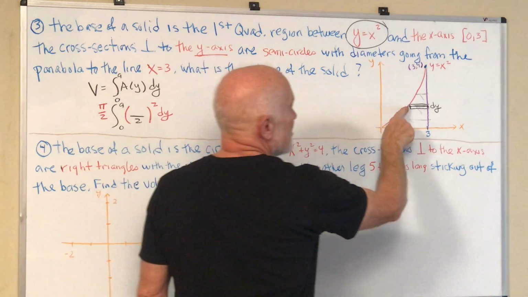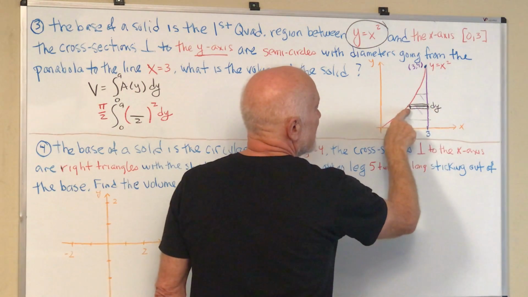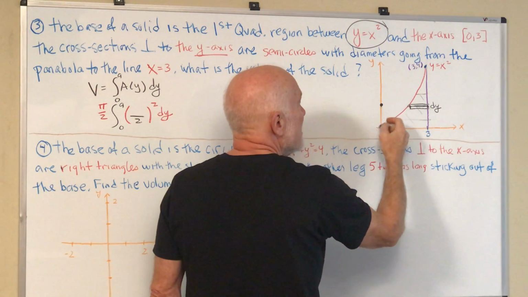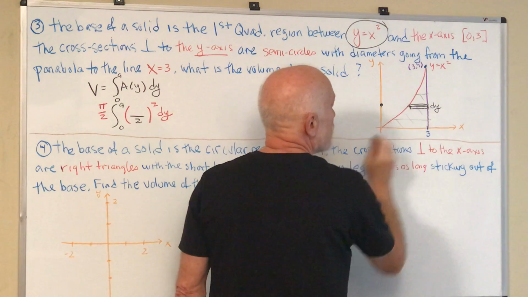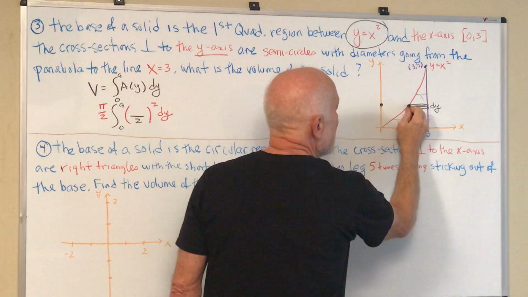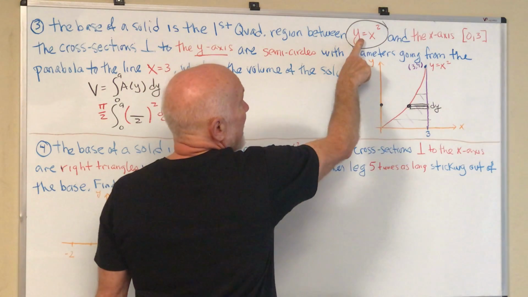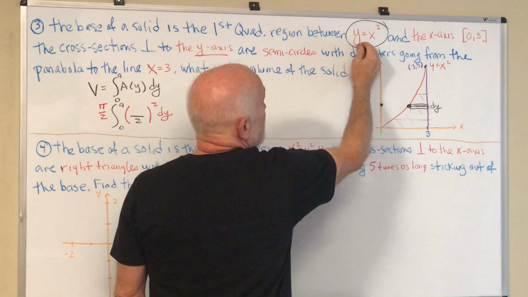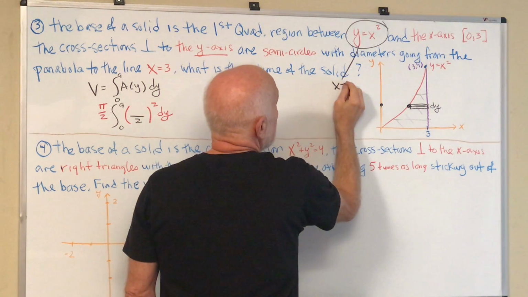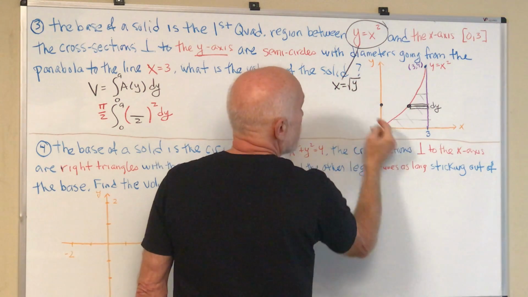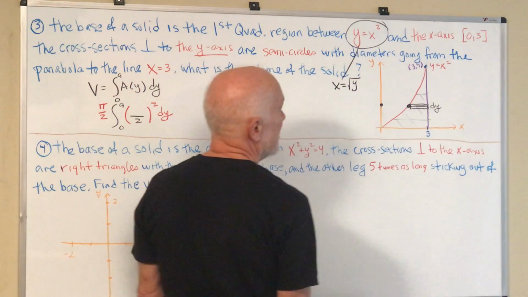And what is this distance right here? Well, we measure in that distance from the y-axis. So from here to here is 3, and from here to here is the x value on this curve. So we have to resolve that and get x equals, it's plus or minus the square root of y, but we're only looking at the plus side over here.